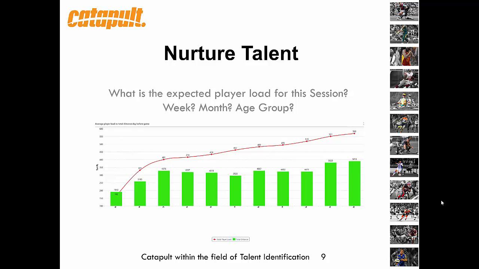And you can do the same with different age groups. So for example, if you want to understand the different load between different age groups and how you can get to a certain benchmark or a certain threshold that you think is acceptable for that age, you can easily visualize, and with our technology you can use that. So this is something that might help you.